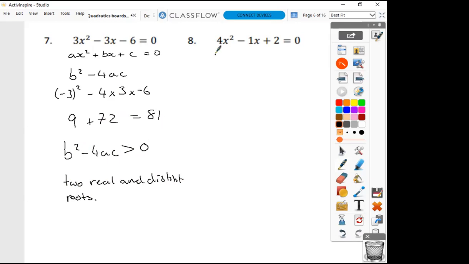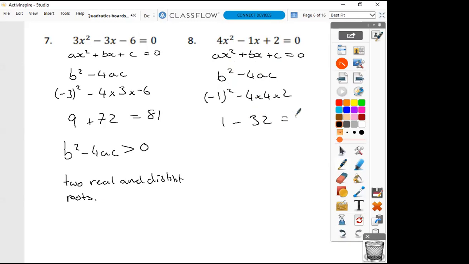Okay. ax squared plus bx plus c equals 0. b squared minus 4ac to find the discriminant. b is minus 1, squared, minus 4 times 4 times 2. Minus 1 squared is 1, minus 32, which is equal to minus 31.